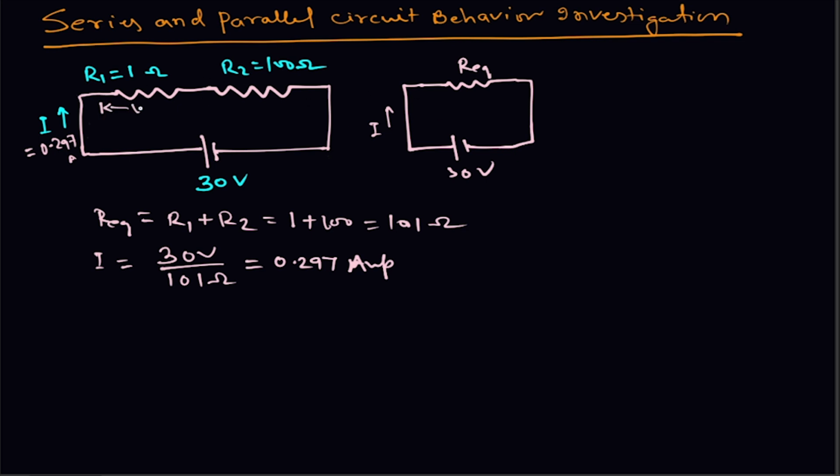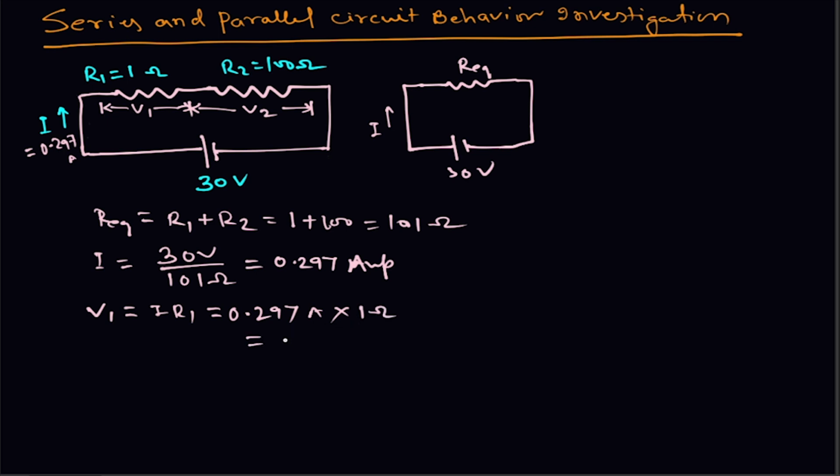Now let us find the voltage drop across these two resistances. Let this voltage drop be V1 and the voltage drop across R2 be V2. So how to find voltage drop across this resistance? Here also we will again apply Ohm's law. Here V1 is equal to I R1. I we have already got. I is 0.297 ampere into R1, R1 is 1 ohm.